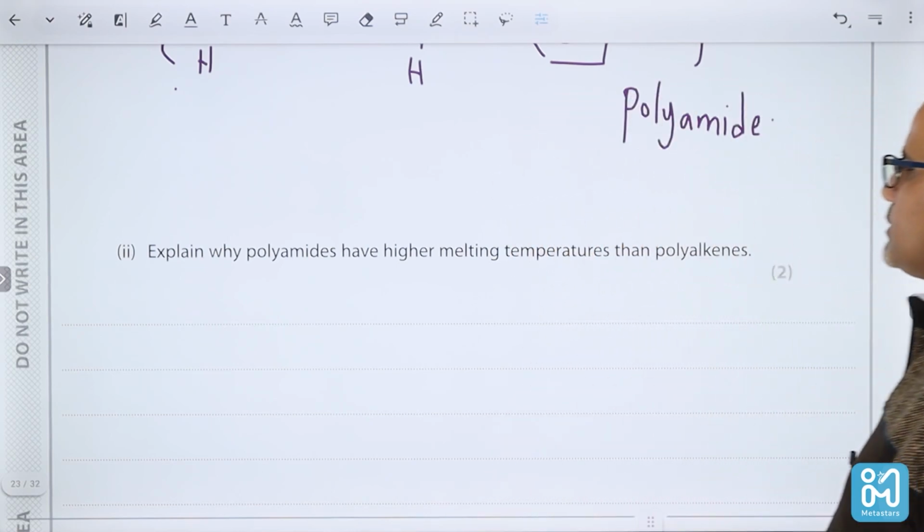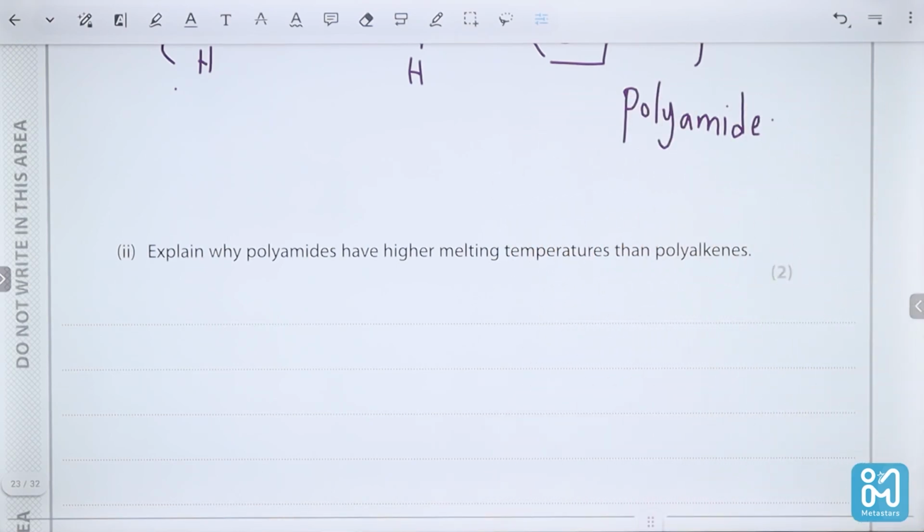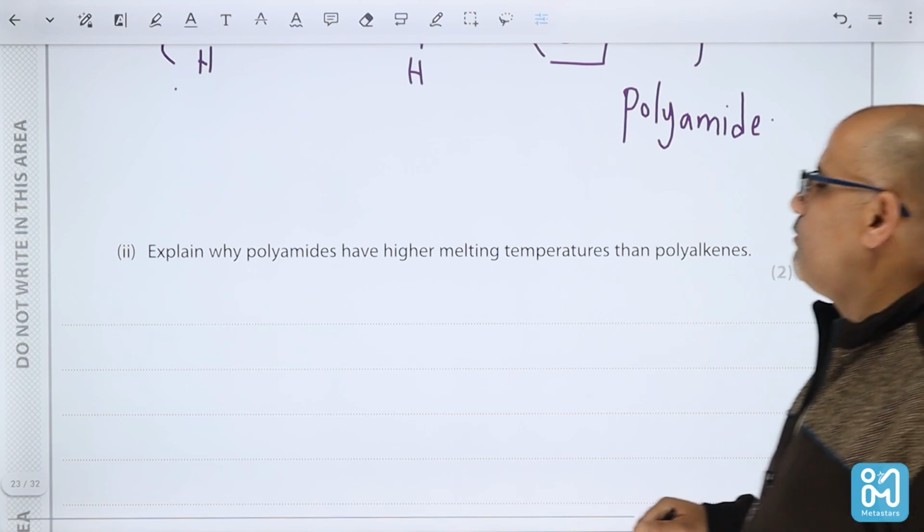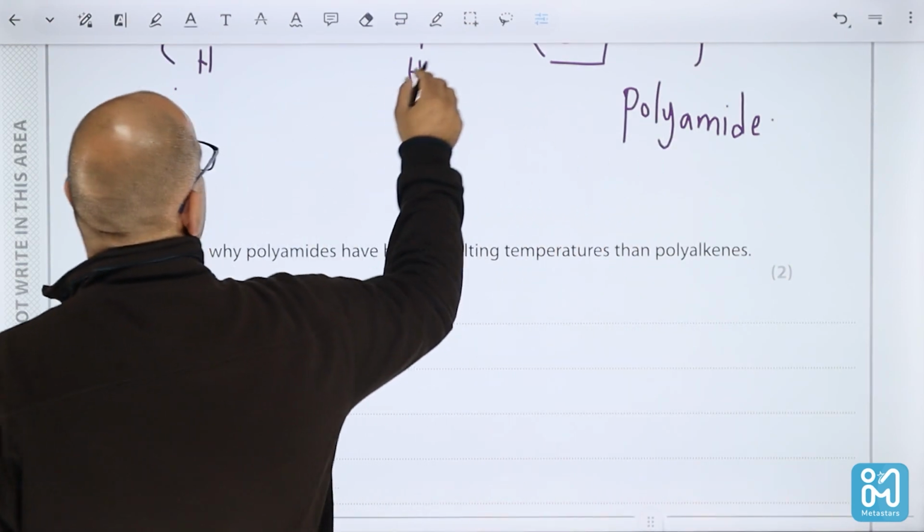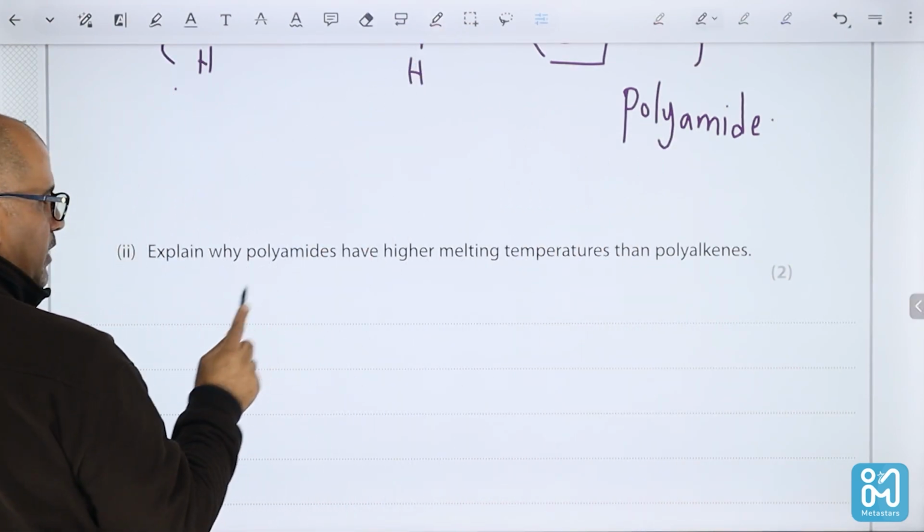In the same way, the polyamides have a higher melting temperature than polyalkene. Since we have hydrogen bonds, this means that much more energy is needed, and it is stronger than the London forces. Here you shall talk about the bonds.